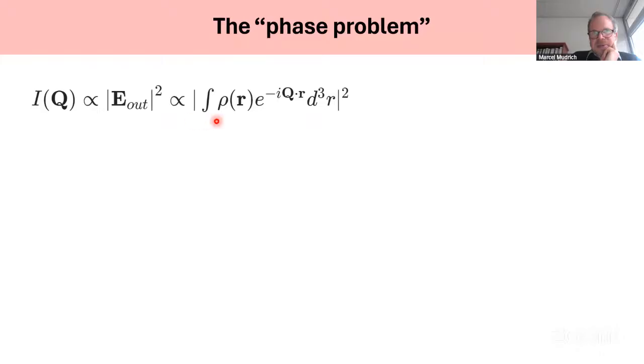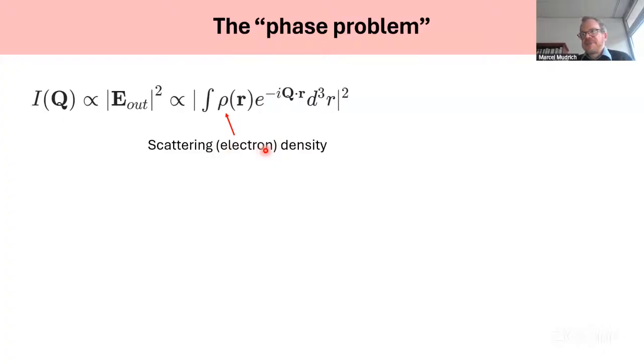So this is the important result, where rho here is the scattering density. That's the density distribution in real space of the objects that scatter the light, and in any sample, what scatters the X-rays is actually the electrons.